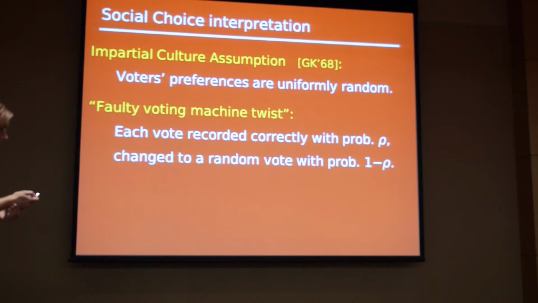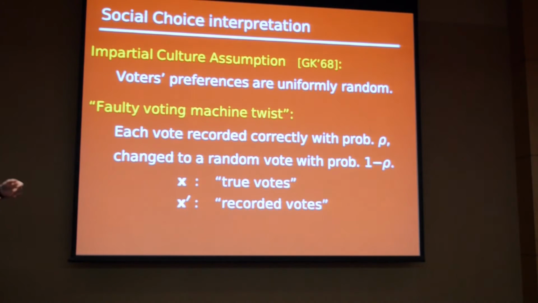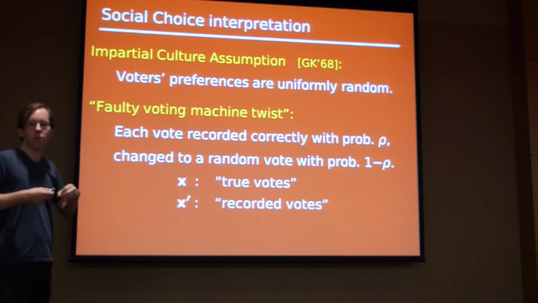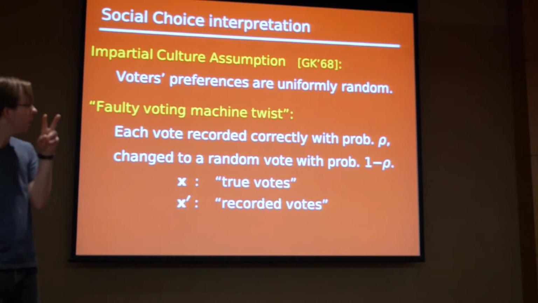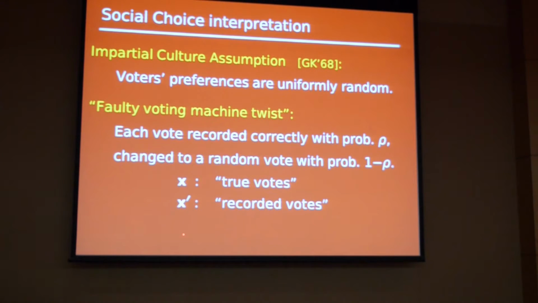Okay, so in this scheme, the original votes, x, which are the true votes, granted they were chosen at random, are like this, and the faulty voting machines produce a new set of votes, which we may call the recorded votes, and they're exactly distributed in this rho-correlated inputs manner.